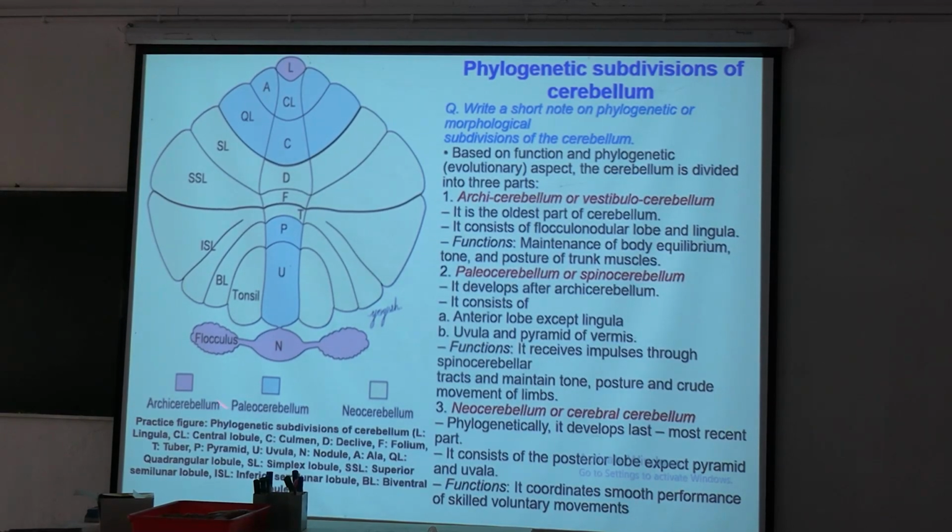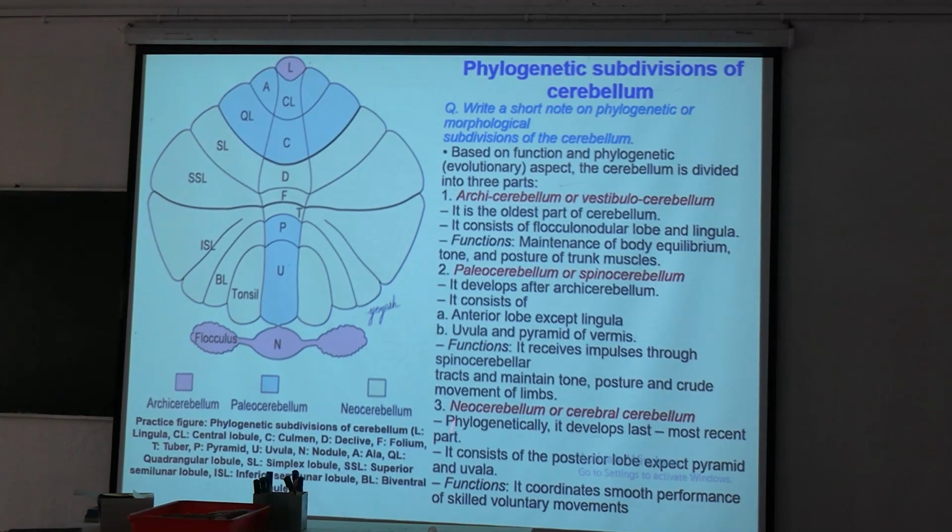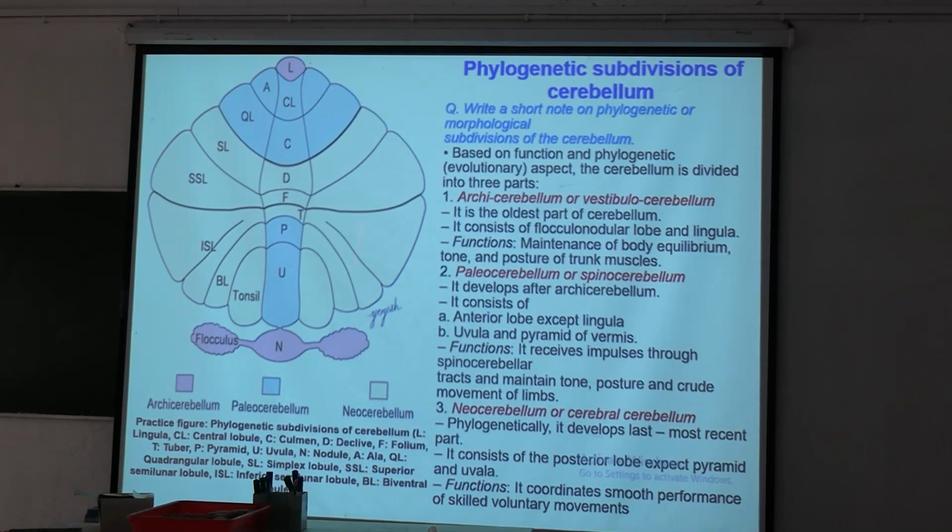The paleocerebellum has been colored blue. It includes the anterior lobe except the lingula, and the pyramid and uvula. And the rest of the portions are included in the neocerebellum, which is colored light yellow.